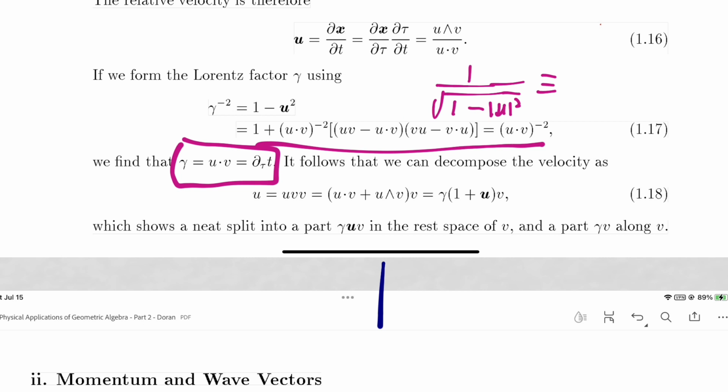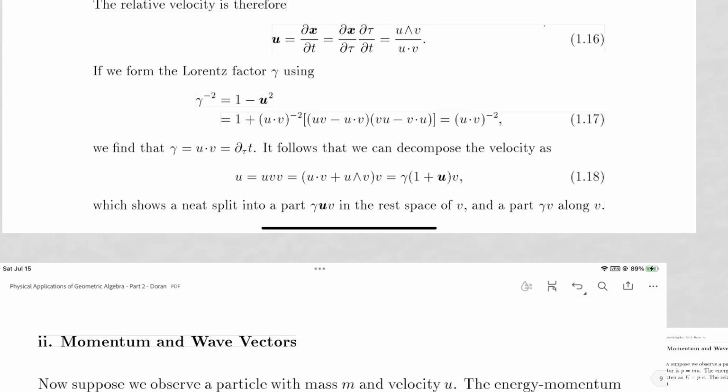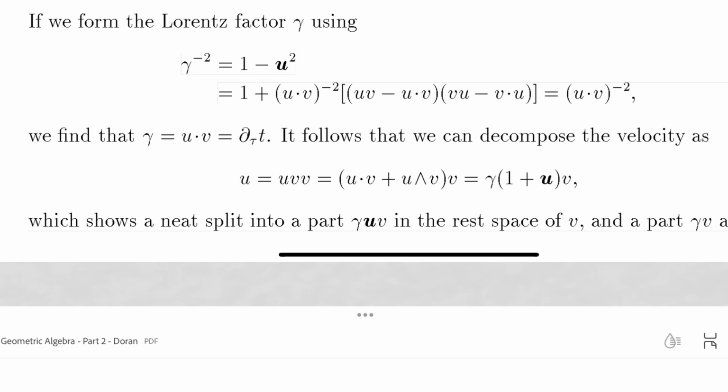Okay, so what next? The next line reads that it follows that we can decompose the velocity u as u v v, and we can do that because, remember, v squared equals 1. So we can always put a v v in these things. And when we do that, we end up with u dot v plus u wedge v. That's this first u v part, right?